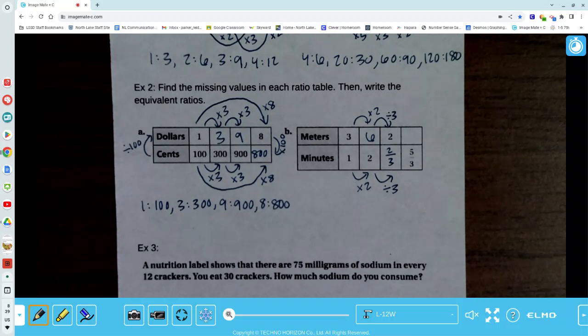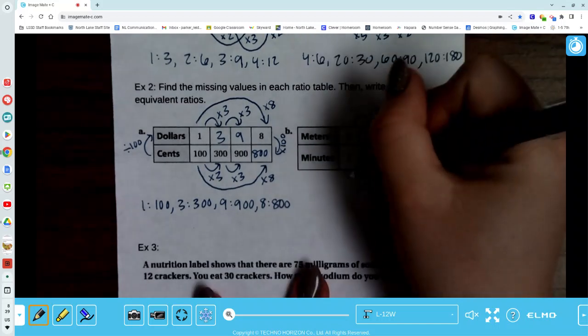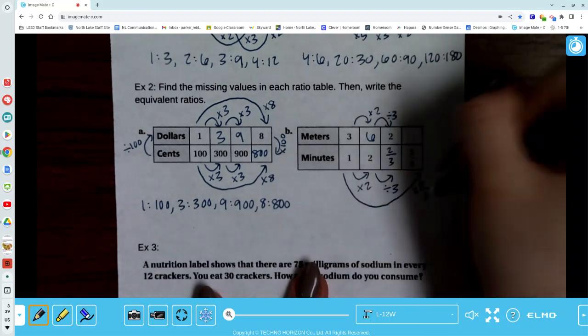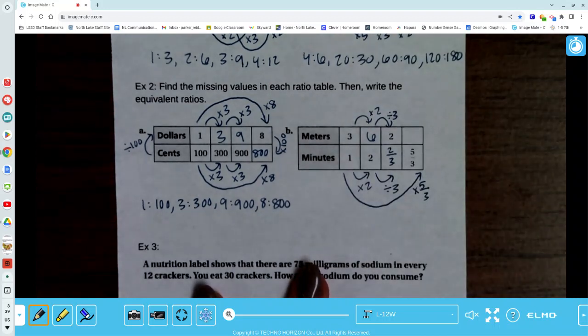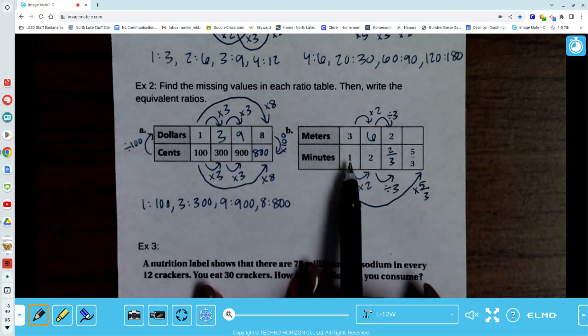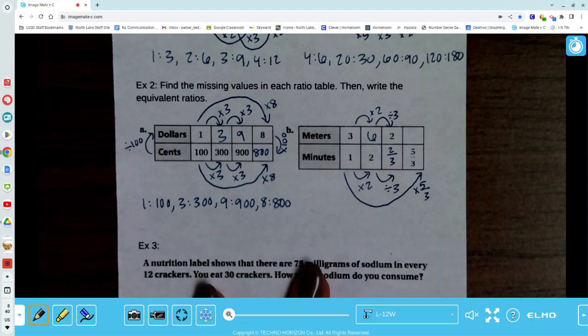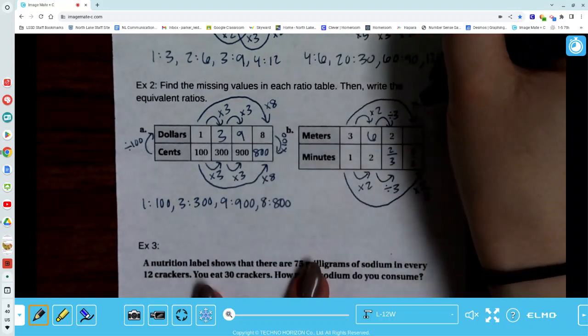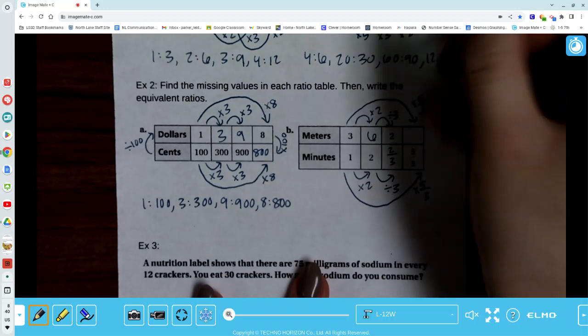I see one that might be better to start with. Ratisha? 1 is always an easy one to start with because you just need to multiply it by 5/3. So then what number should I be starting at on the top? If I started at the 1 on the bottom, which number should I start at on the top? Logan? The one above it. So 3 times 5/3, which is 5.